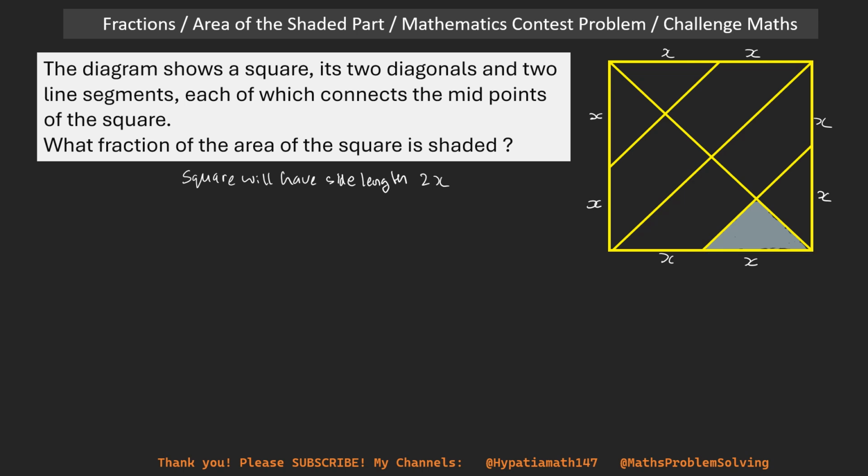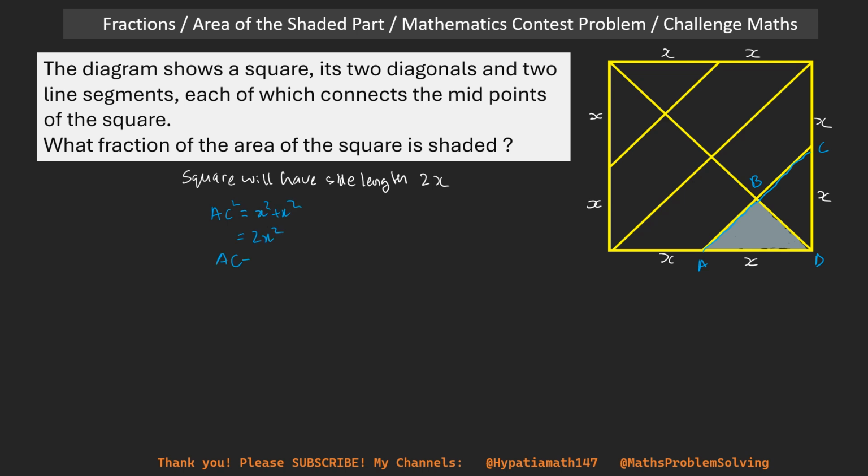So how will I do that? Now this is a right angle triangle. If I call it A, B, C and D, so ACD, I know AD and I know CD, so AC I can find. AC square is equal to x square plus x square, that is 2x square.